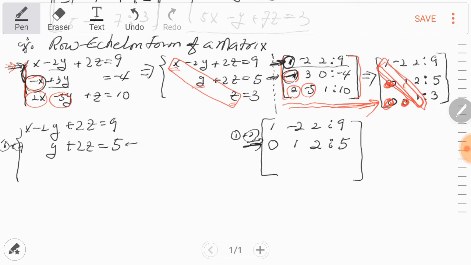Now for the third equation, let's get rid of this 2x. So why don't we multiply the first equation by negative 2 and add it to the third equation. Multiplying the first equation by negative 2, we get negative 2x plus 2y minus 4z equals negative 18. Add it to the third equation, 2x minus 5y plus z equals 10.